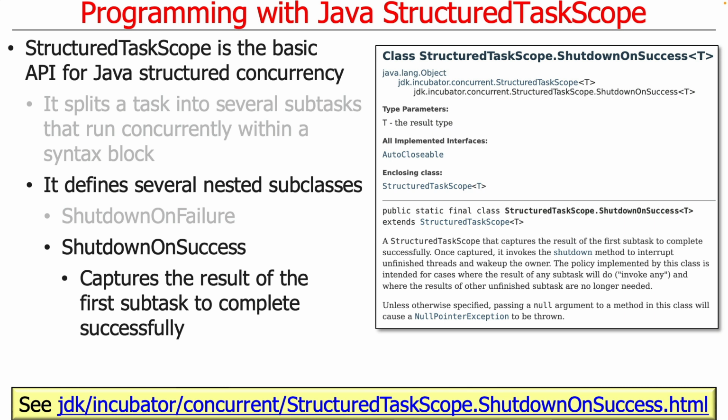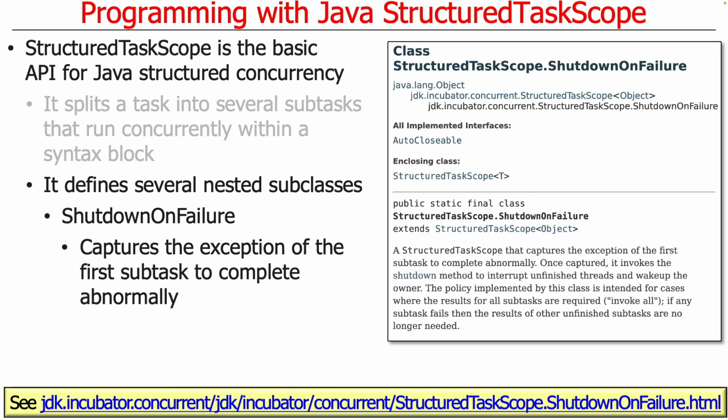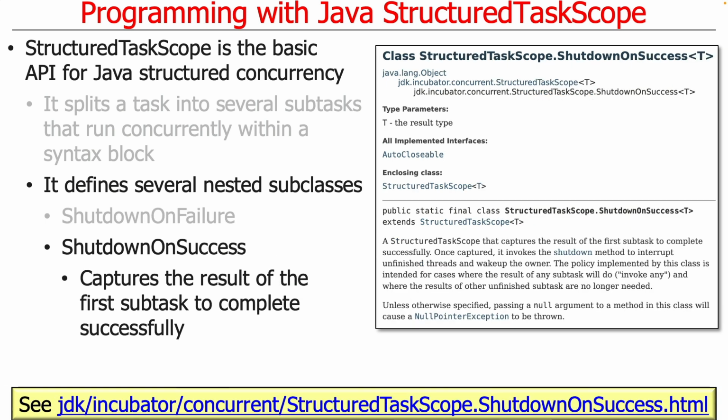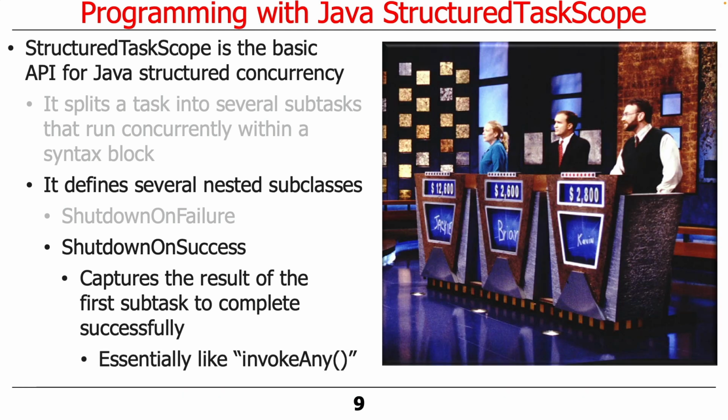You want all the results to come back, or you want the first result to come back. So with shutdown on failure, all the results come back unless something fails, in which case they're canceled. With shutdown on success, whichever one finishes first, we take that result. The other results are not relevant, and so they're canceled. So you can think of shutdown on success as being like invoke any.